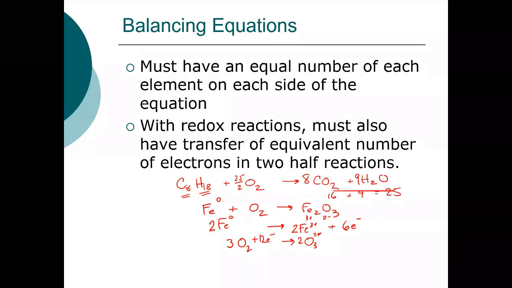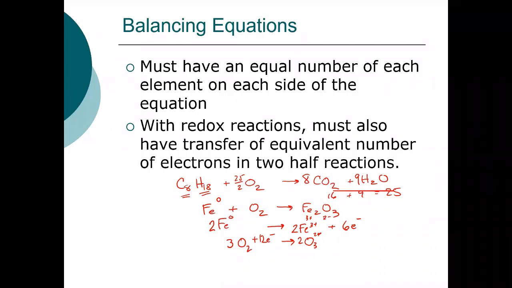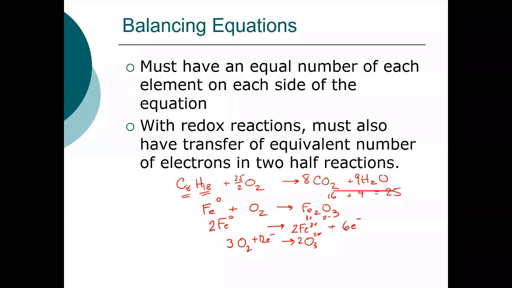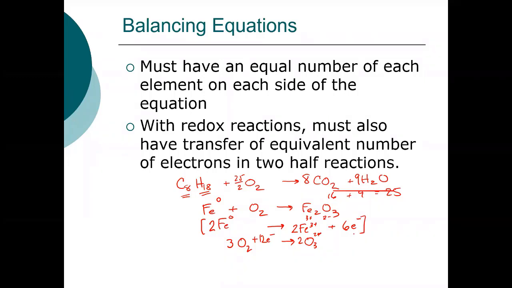So now we've got 6 electrons transferred in the first half reaction, 12 electrons transferred in the second half reaction. So we need to multiply that first half reaction by 2. Now we'd have 12 electrons transferred in the oxidation reaction, 12 electrons transferred in the reduction reaction.